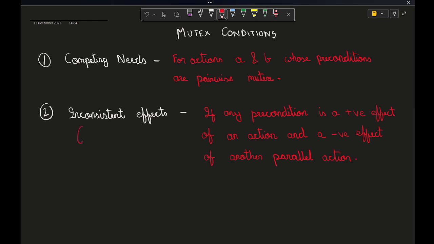This is also for actions, because if such a thing happens, then we say that A and B are two mutex actions. Yeah. Third one is interference.